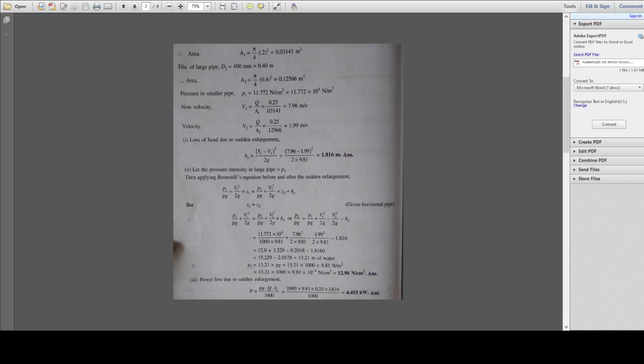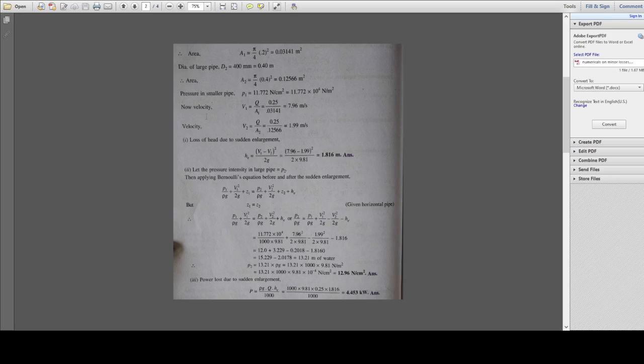Therefore, now we know D1, the area A1 will be pi by 4 into D1 square. So substituting the value of D1 we will get the area. Also we know the diameter of the larger pipe, D2, so we'll calculate the area A2 from the value of D2.